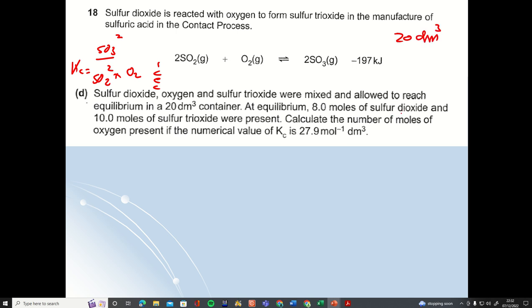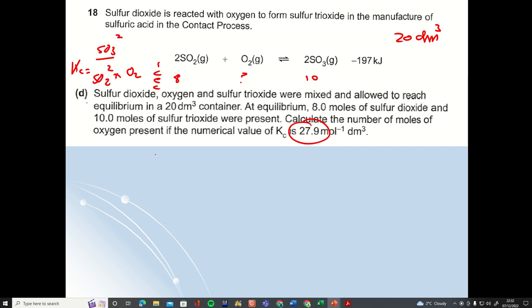At equilibrium I have 8 moles of sulfur dioxide, and I have 10 moles of sulfur trioxide, and I've got to calculate the moles of oxygen that are present, so I'll put a wee question mark in there. Right, so let's plug these values into my Kc, because my Kc is 27.9, I know that.